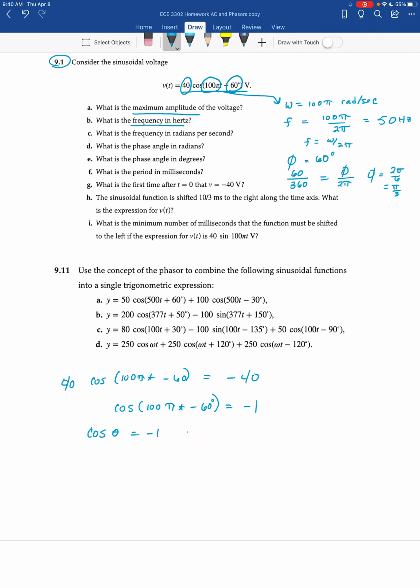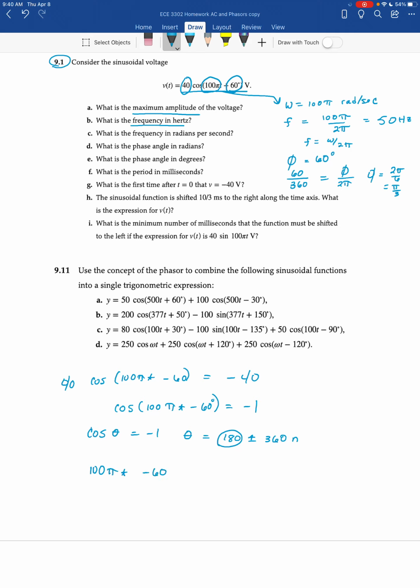Now we know that the cosine of some angle theta is equal to minus 1 when theta is equal to 180 plus or minus 360 times n, any integer. So in other words, it's 180, it's 540, and so on. Now they asked us for the first time, so we would take the smallest angle.